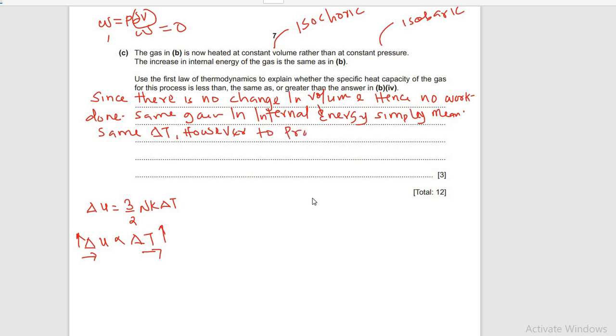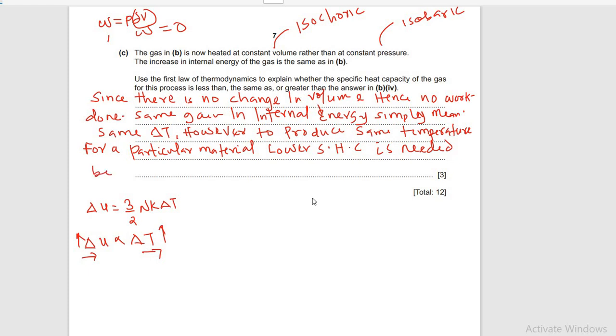To produce the same temperature change for a particular material, lower specific heat capacity is needed. That's a point.